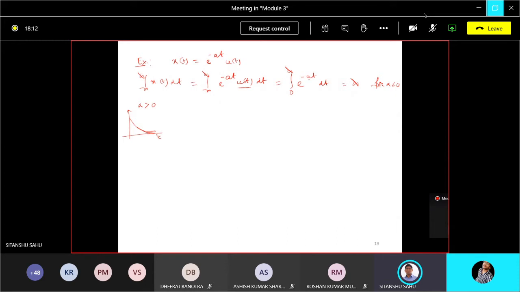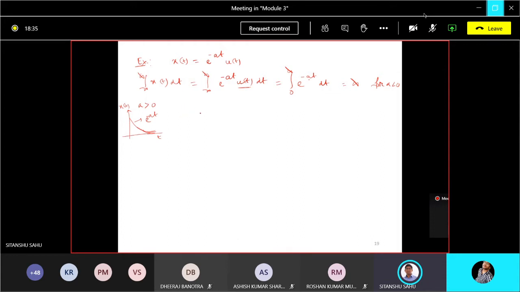This is t, this is x of t, which is e to the power minus at. So if a is greater than 0, we can say this x of t is bounded, and we can go for finding the Fourier transform of this bounded signal.